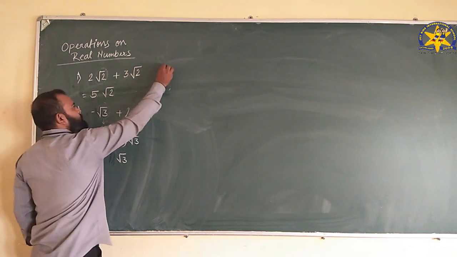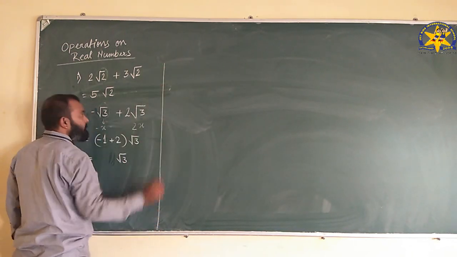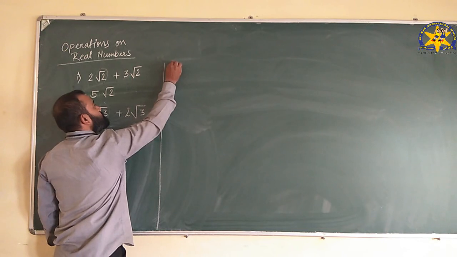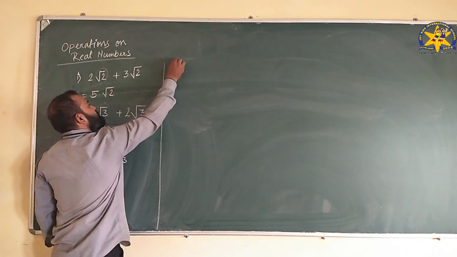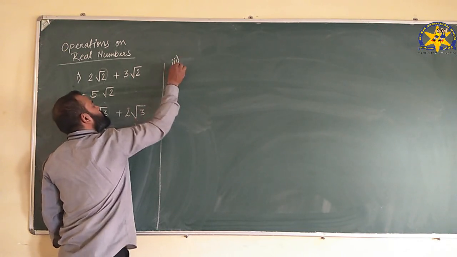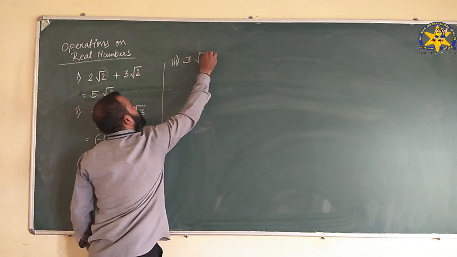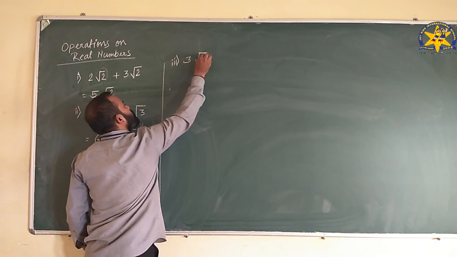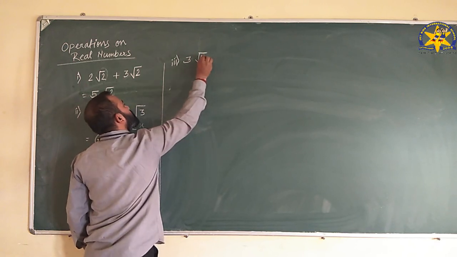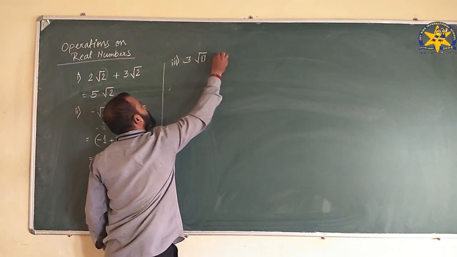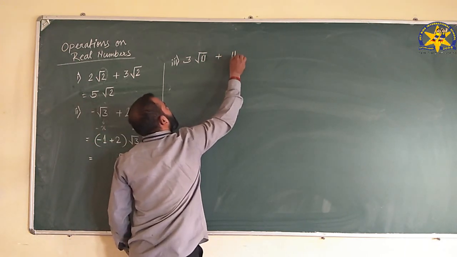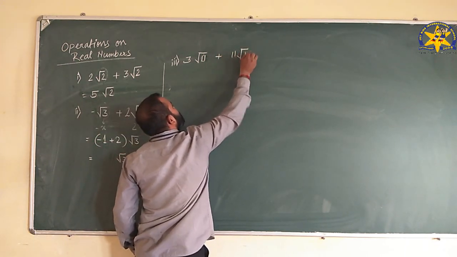Next, third one: 3 root 11 plus 11 root 11.